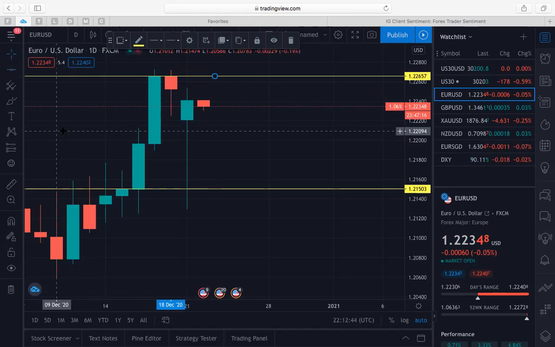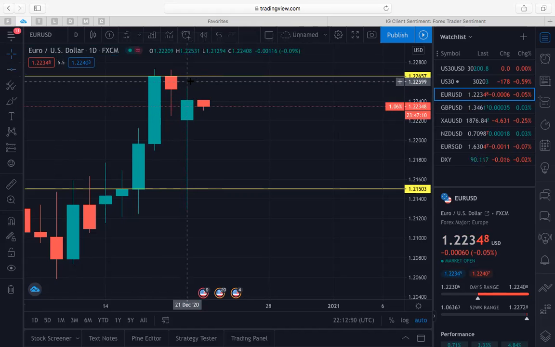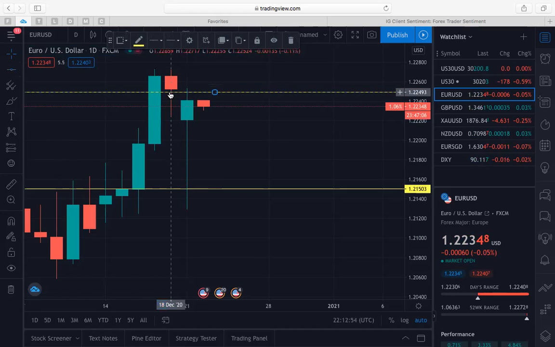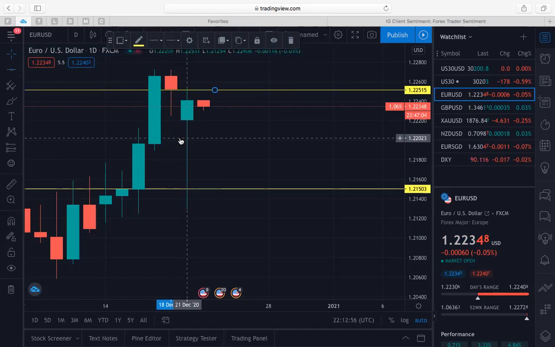But either way, if I had waited for the candle to sell to this point, I could still buy, and I will still close up here because this was the close of the day for Friday. You know how candles work: open, close, high and low. So basically, this is daily.